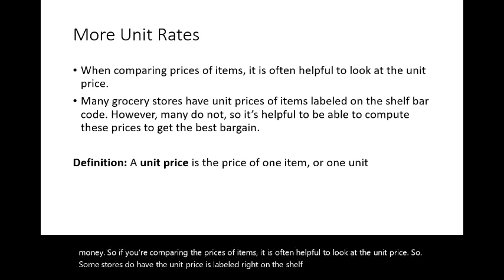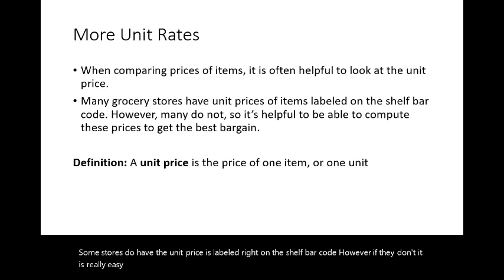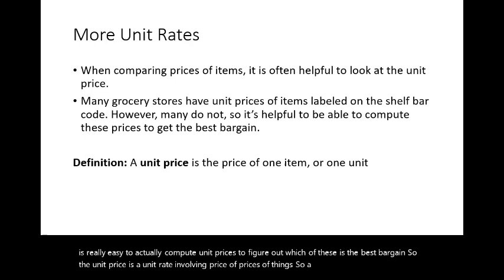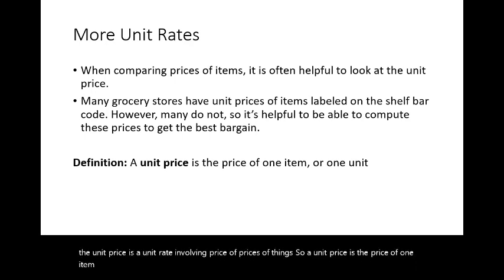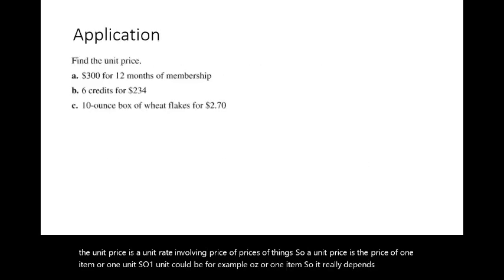However, if they don't, it is really easy to compute unit prices to figure out which of these is the best bargain. So the unit price is a unit rate involving prices of things. A unit price is the price of one item or one unit. One unit could be, for example, ounces, or one item. So it really depends on the item that's being sold.